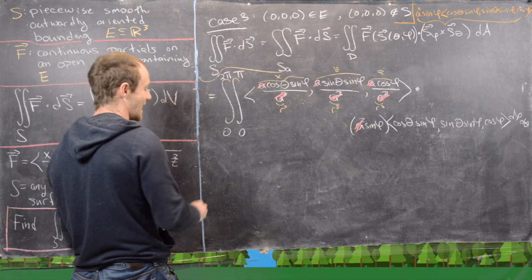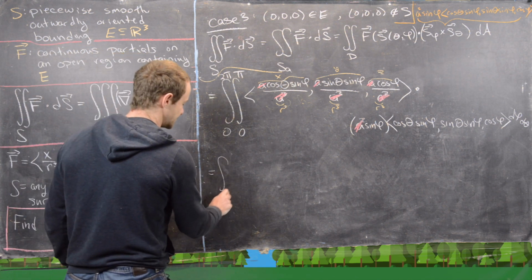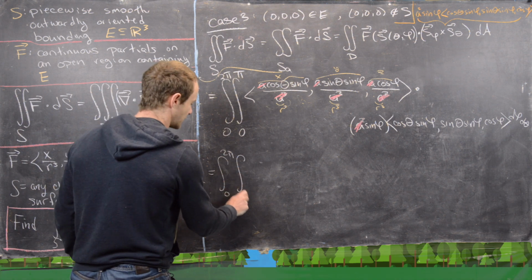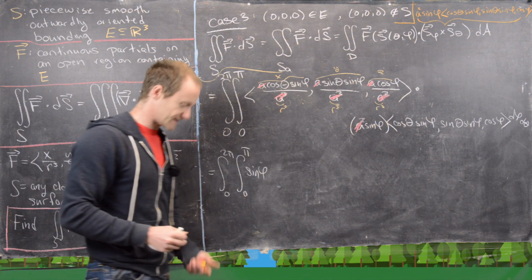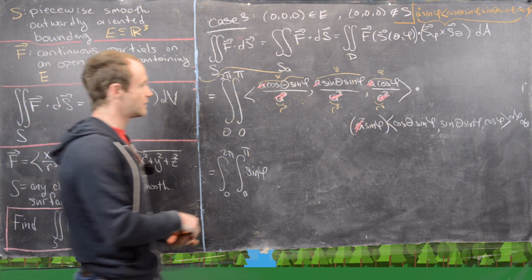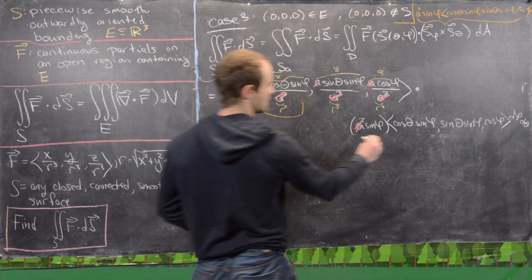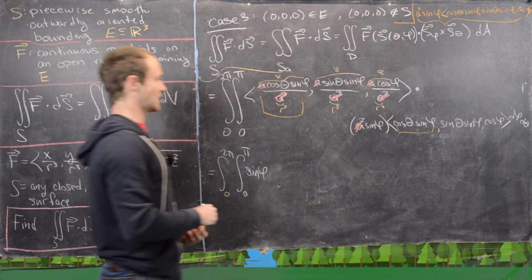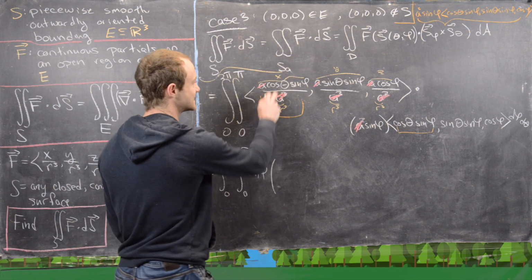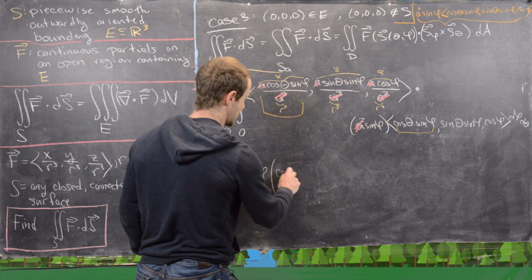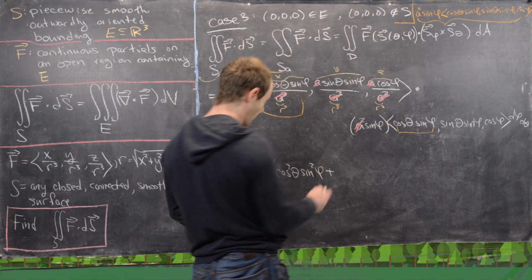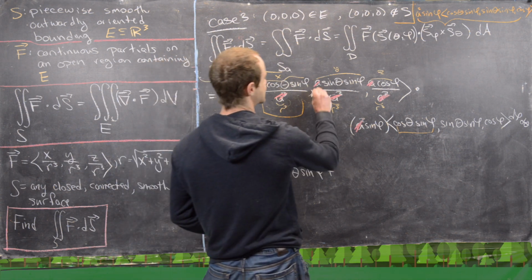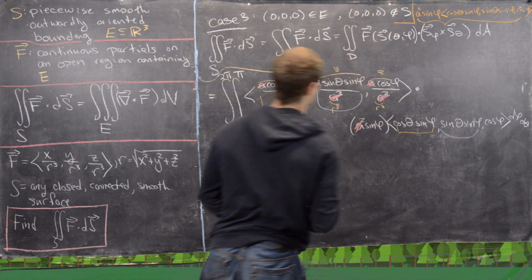So now let's go at it. So this is going to be the integral from 0 to 2 pi, the integral from 0 to pi of sine phi, and then we need to do this dot product. So let's color code this. We need to hit this first component with this first component. So that's going to give us cosine squared theta sine squared phi plus, now we need to hit this second component with this second component.